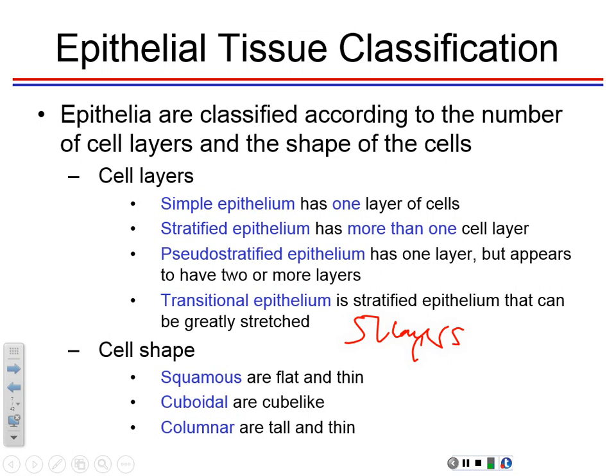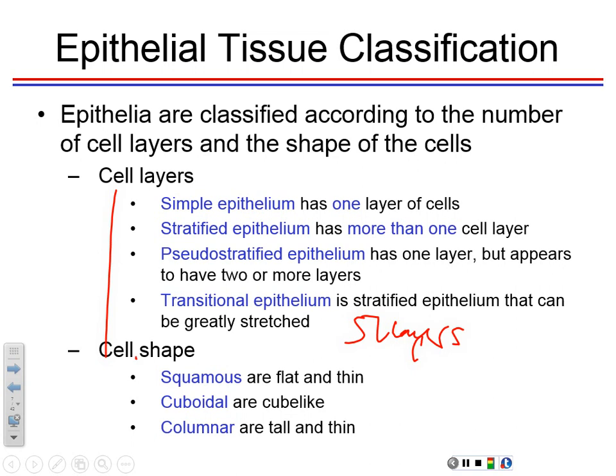When you stretch it, the cells become flatter, and the layers get reduced because the cells spread out like that. So it's called transitional because it will transition from cuboidal shapes when it's not stretched to flat squamous cells when it's stretched. Does that make sense? Okay, so you've got to know these ways in which all these tissues are classified.